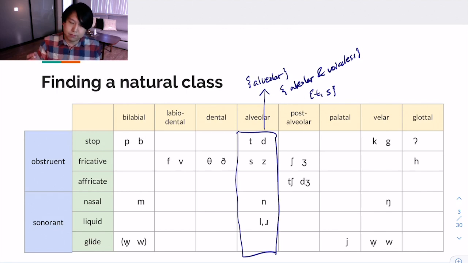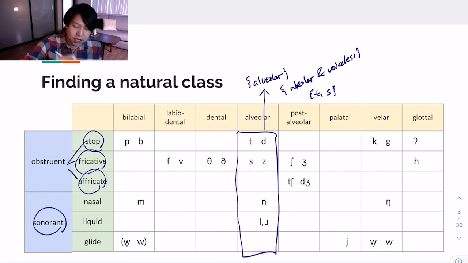Some categories can be categorized into a bigger category. For example, stop, fricative, and affricate are grouped as obstruent, and all the others are grouped in the sonorant group. And liquid and glide are often grouped together as approximant.